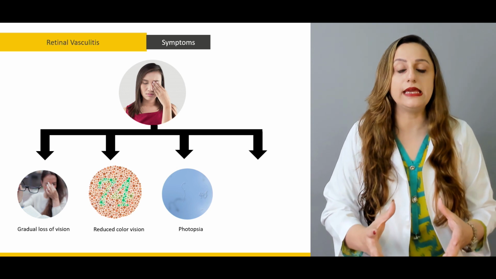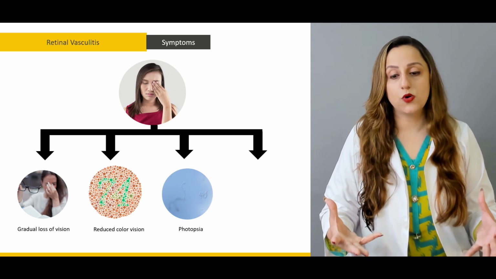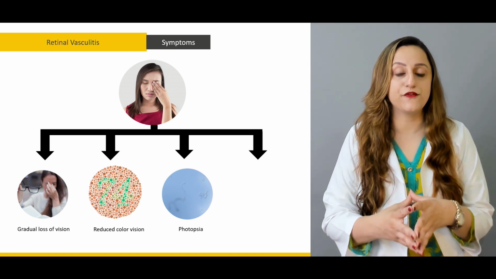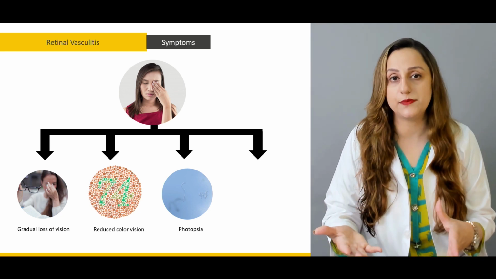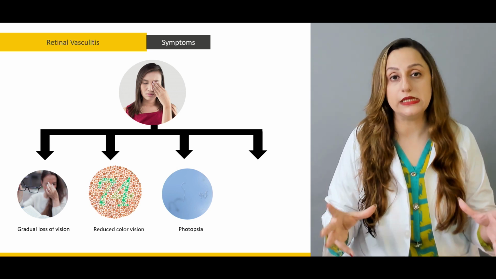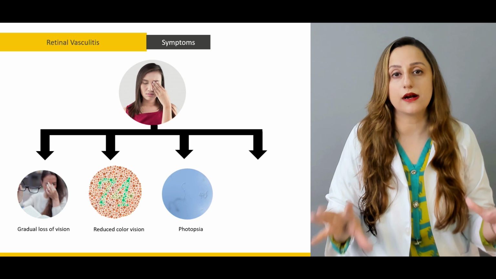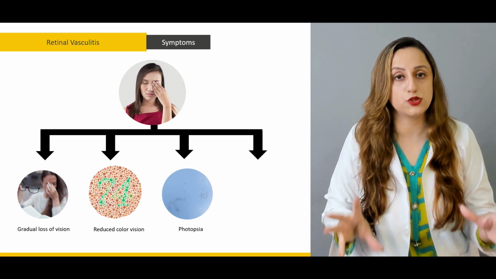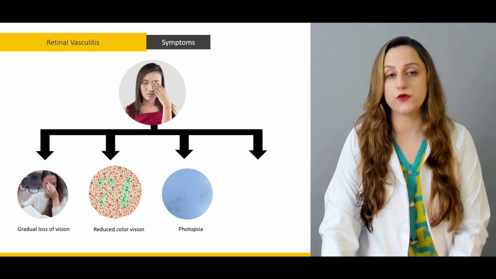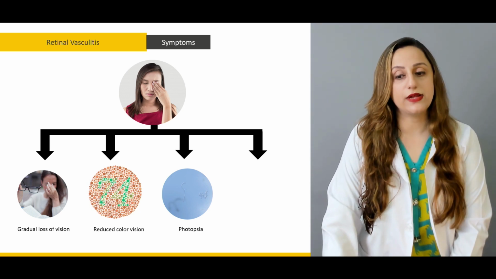And then we have photopsia, which can be regarded as the sign of floaters that the patient is going to be seeing in the visual field. These floaters are quite peculiar in these individuals, and they are suggestive of the fact that the patient is suffering from some sort of vasculitis.